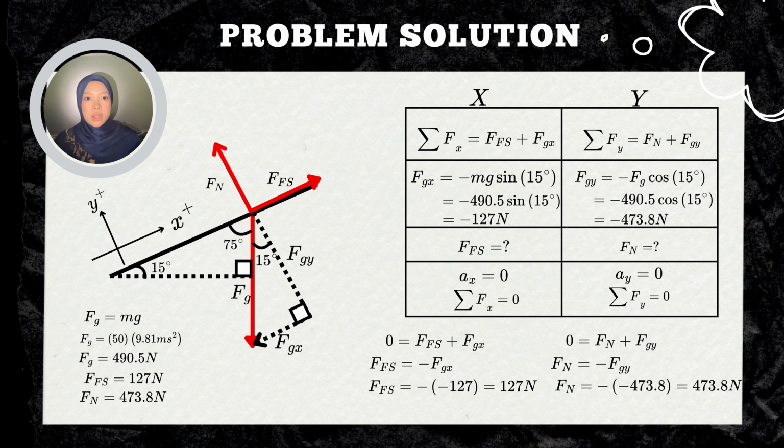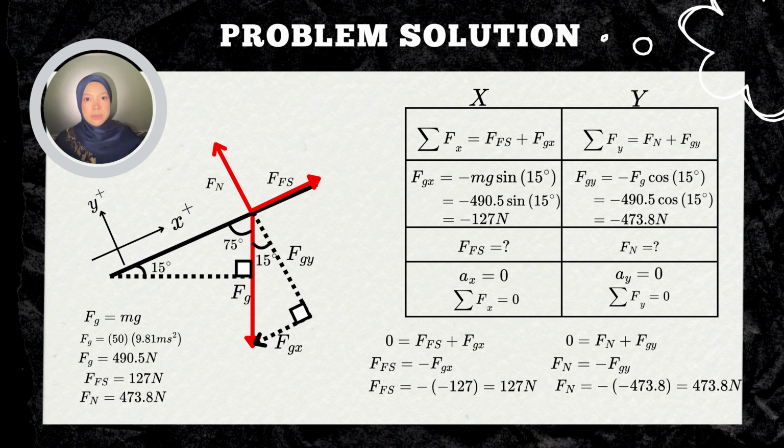To complete the calculation, we first need to find the value of Fgx. Since gravity acts vertically and the ramp is 15 degrees, Fgx is on the opposite side of the triangle. So we use sine. Now we get Fgx equal to negative mg sin 15 degrees. The negative sign shows it pulls down the ramp, which is the negative x direction.